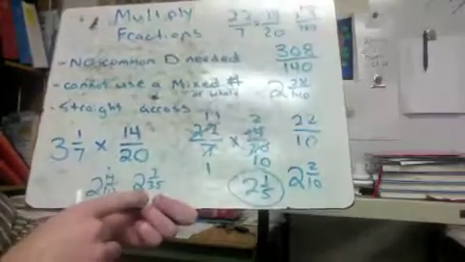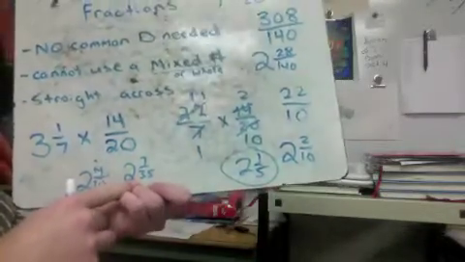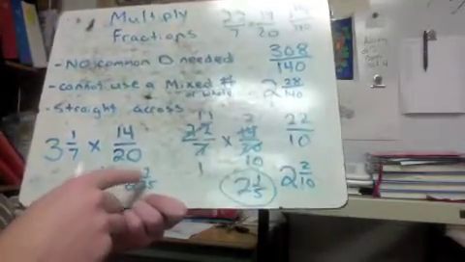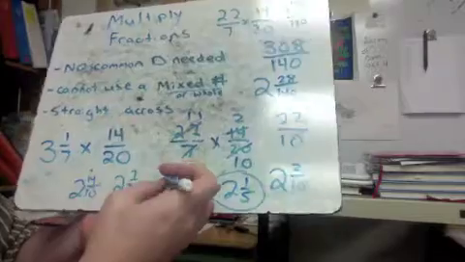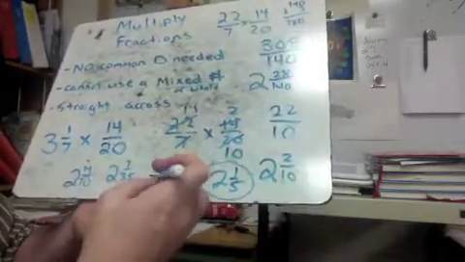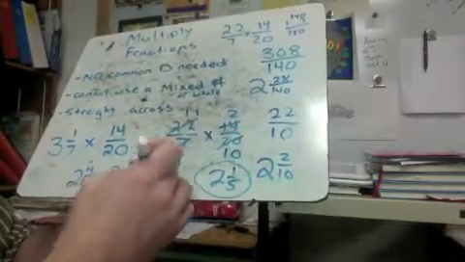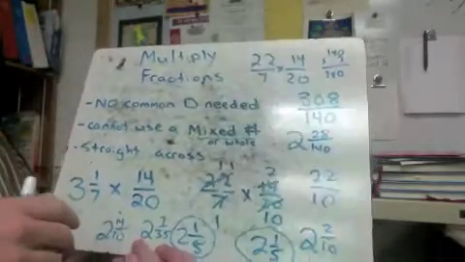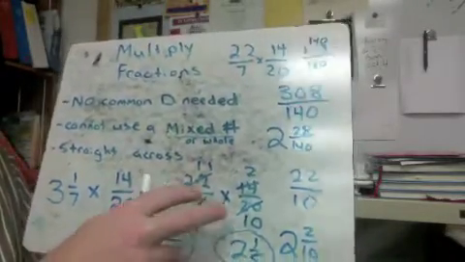Cut both of those not in half because that doesn't work, but it's 7 and 35, so 7 goes into both of those. 7 divided by 7 would be 1. 35 divided by 7 is 5. 2 and 1/5.